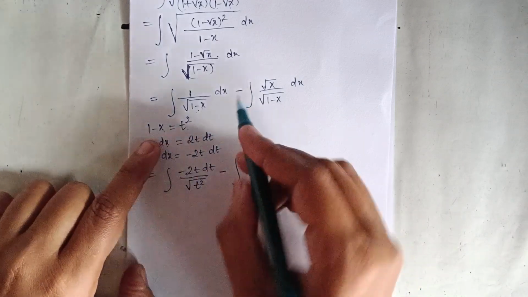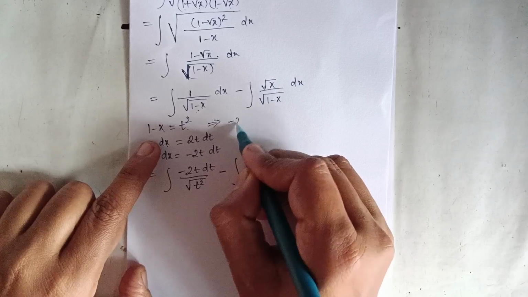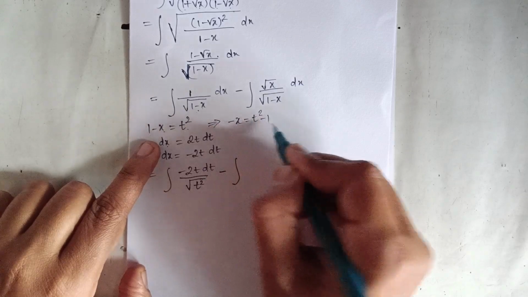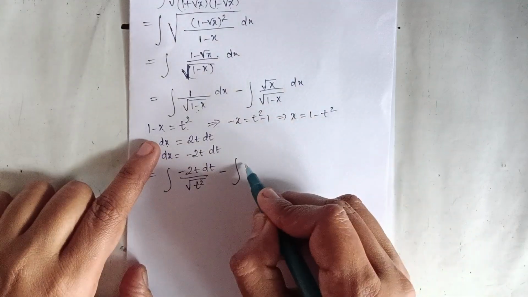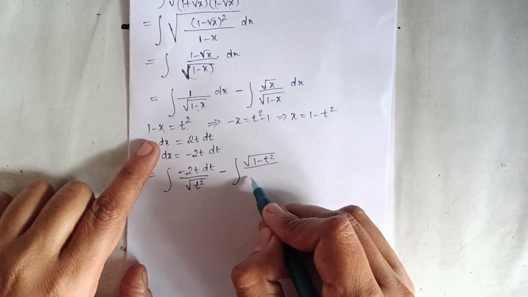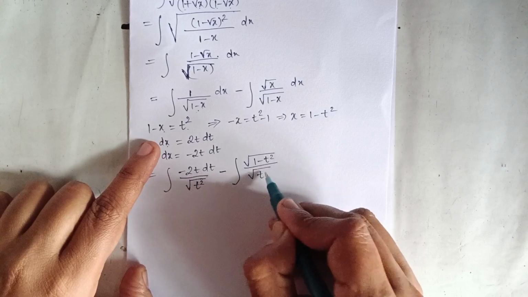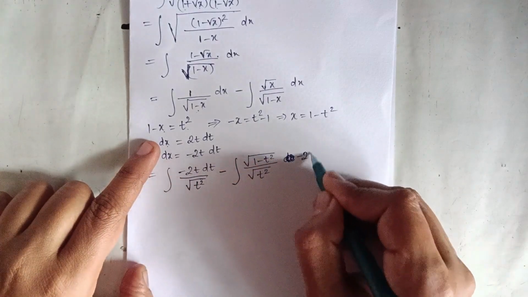From here you can write x also: x is 1 minus t square. dx is minus 2t dt.